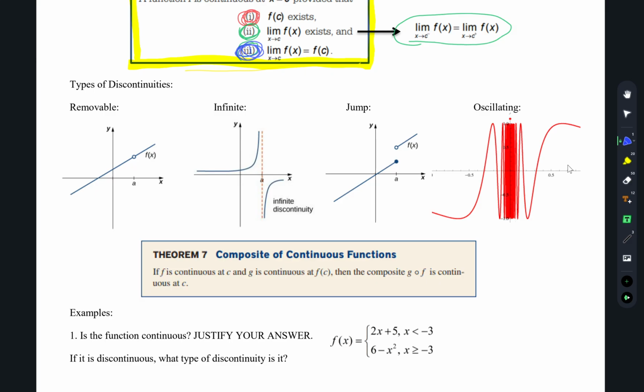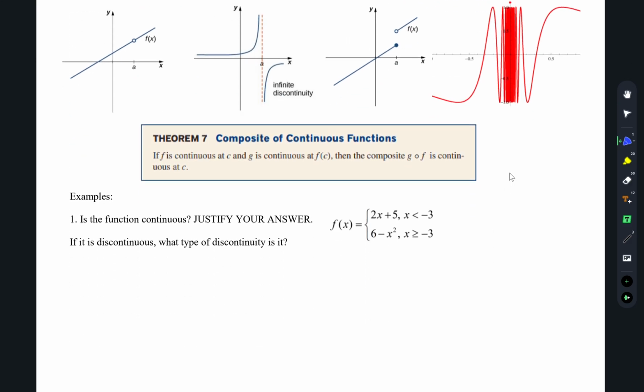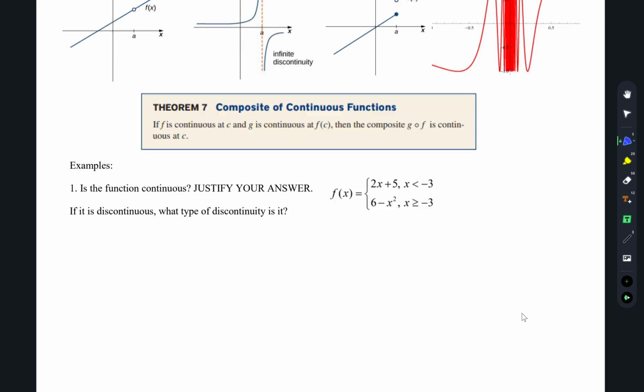This infinitely oscillating one was the sine of 1 over x. That's what that graph is. I think it's that one. Yeah. Continuous composite functions: if f and g are both continuous, their composite is. So that one's kind of intuitive. So I think that'll be good.